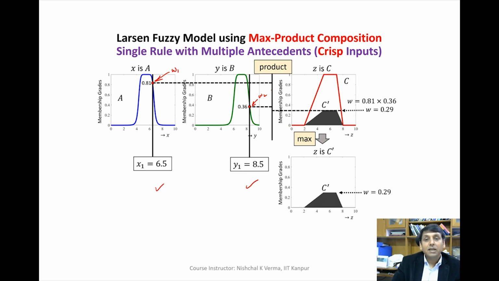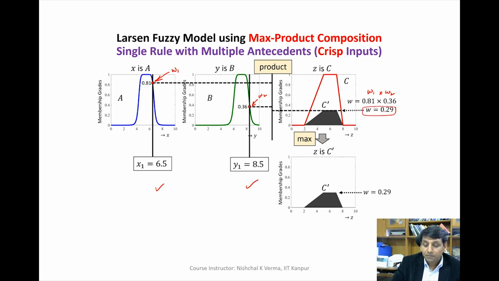Instead of taking the min, we'll take the product of these two. So we take the product W1 into W2, and we get the rule strength, the firing strength of the rule, or the final weight of the rule, W equal to 0.29.